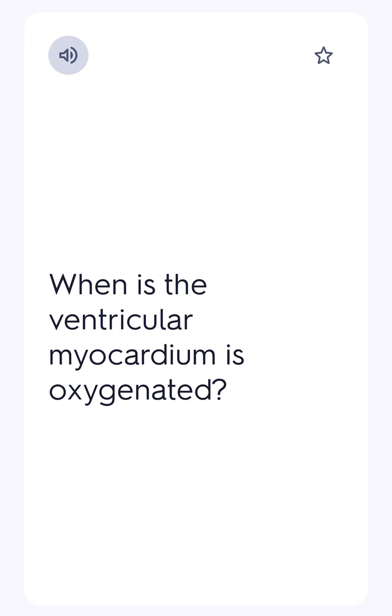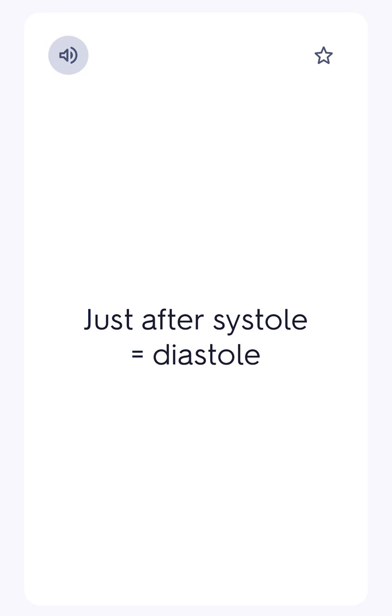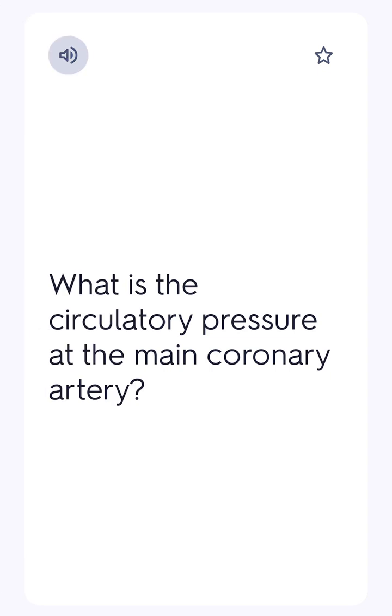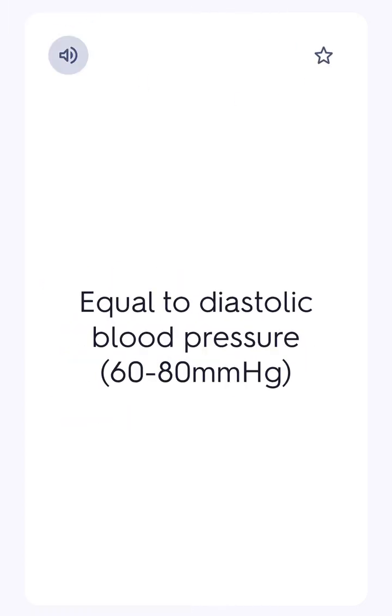When is the ventricular myocardium oxygenated? Just after systole, equal to diastole. What is the circulatory pressure at the main coronary artery? Equal to diastolic blood pressure.